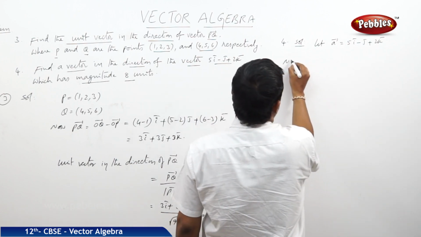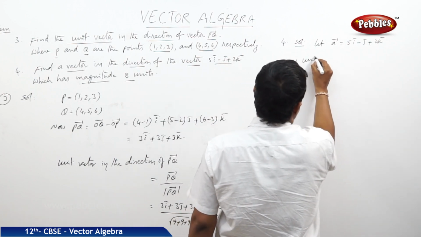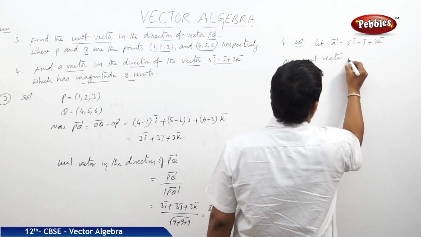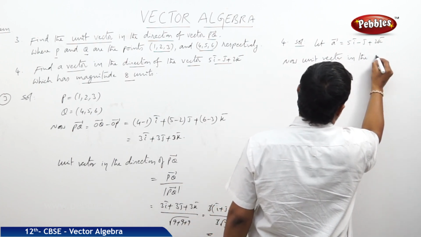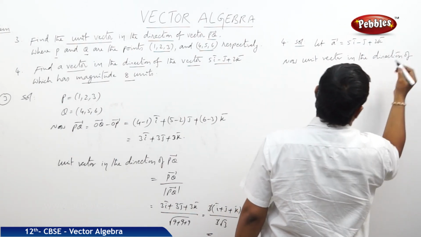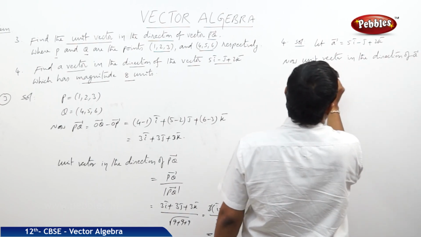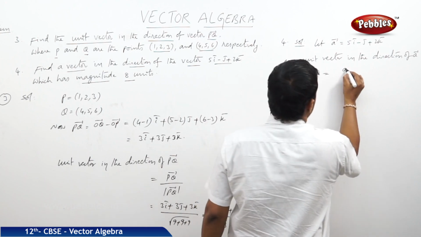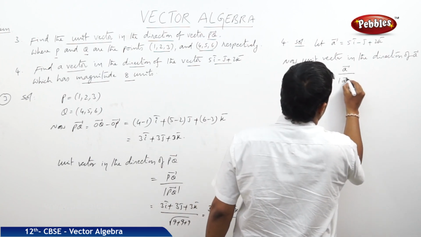Now the unit vector in the direction of a bar is equal to a bar by mod a bar.